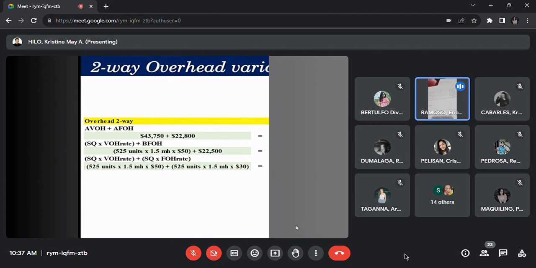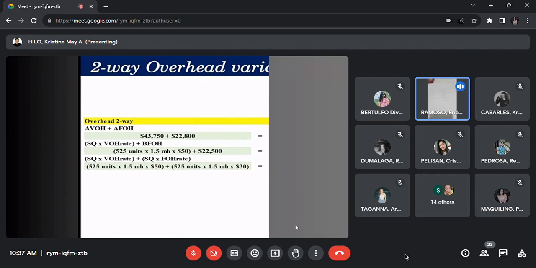For the standard quantity, it is 525 units times 1.5 machine hours times $50 plus 525 units times 1.5 machine hours times 30, which equals 63,000.